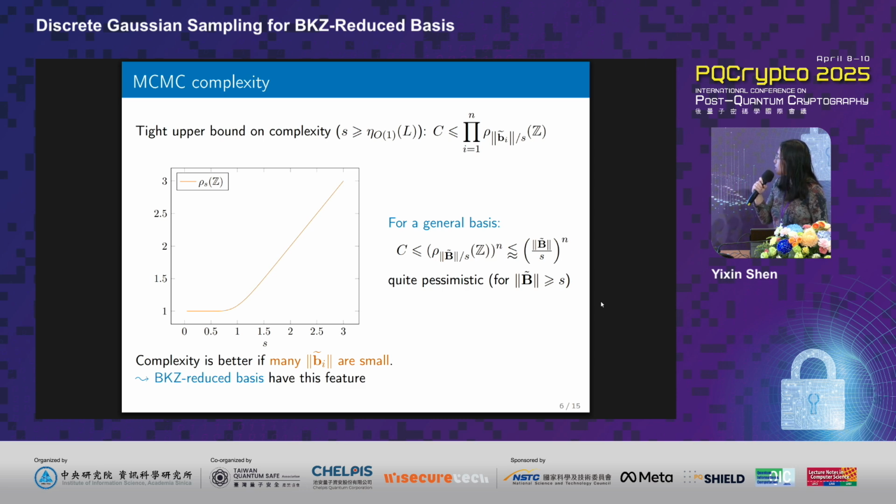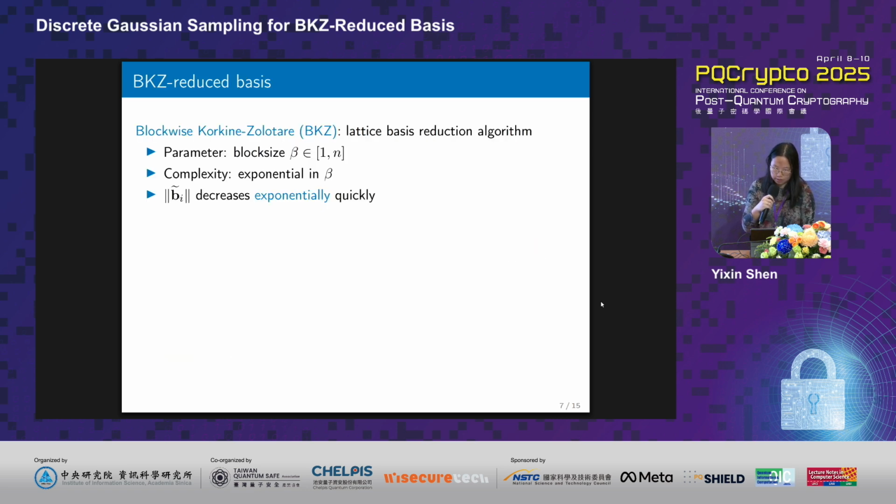This is, for example, the case for a BKZ reduced basis. So we imagine that we can do much better for this kind of basis. Now what is a BKZ reduced basis? The BKZ algorithm is a famous lattice reduction algorithm where there's a parameter beta, which is the block size.